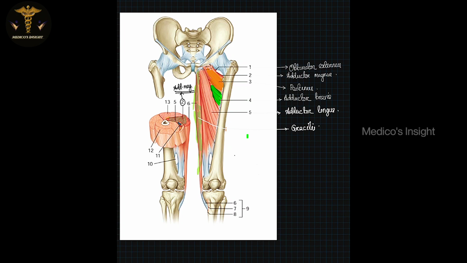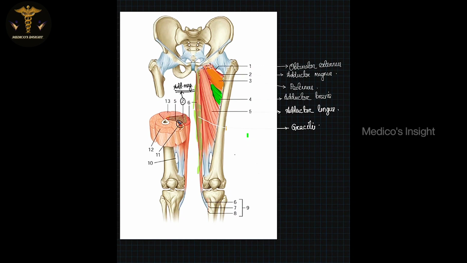Okay, so next, there is some sort of passage that is known as the adductor canal. This is the adductor canal or adductor hiatus.